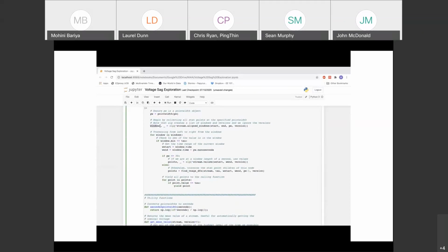It basically queries some windows. These contain the statistics over these time windows, the summary statistics stored at internal nodes in the database, and this query is therefore very efficient. Then I'm traversing the windows to find either points or windows that meet my criteria of having voltages below a certain threshold.